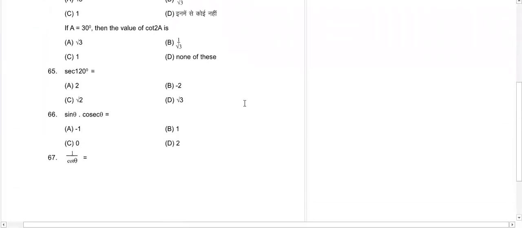Question number 64. In question number 64, we're looking at cot of 2A. Here's the question where we can apply that. So you can say cot squared A minus 1 over 2 cot A. So cot squared 30 degrees minus 1 over 2 cot 30.